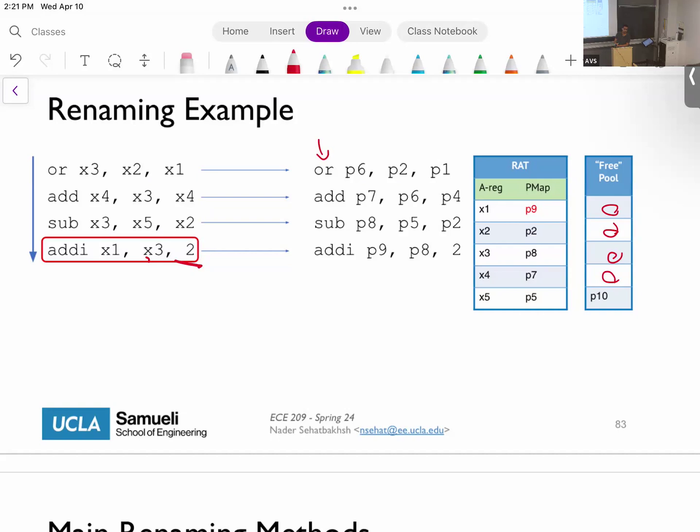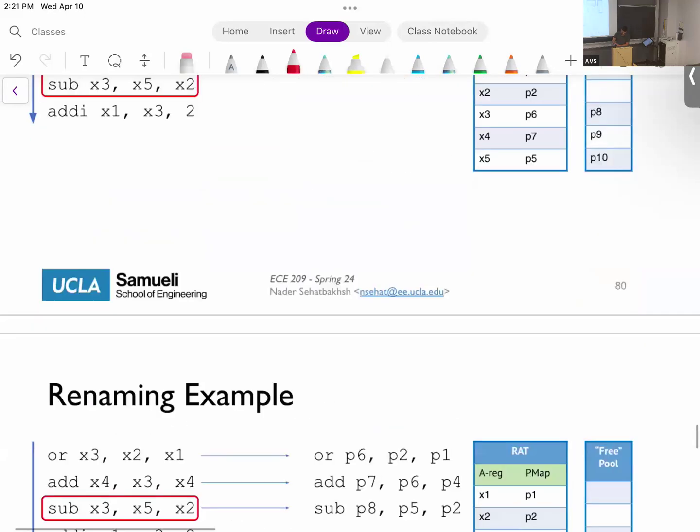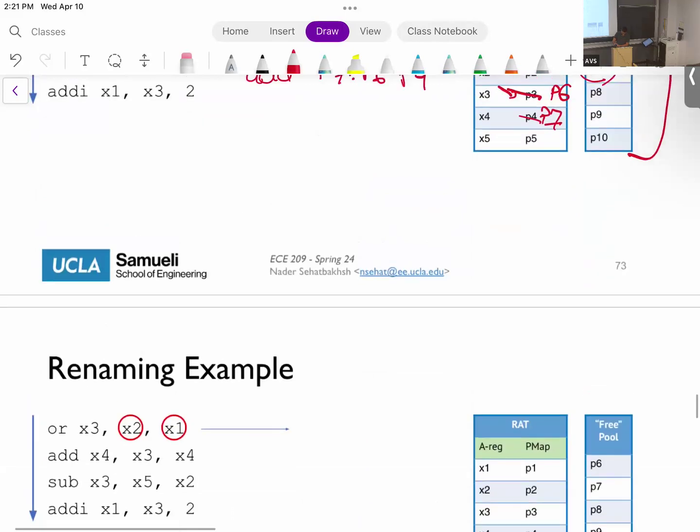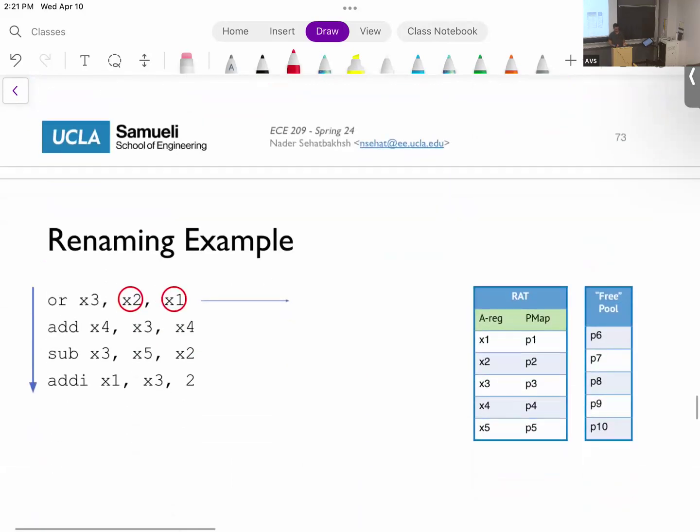Student: In the second line, why is X4 turned to P4 or renamed to P4? So these are architecture registers, you always have to find the physical mapping of any register, right? So if I go back here, when we start here, you need to see what is the mapping between architecture and physical.